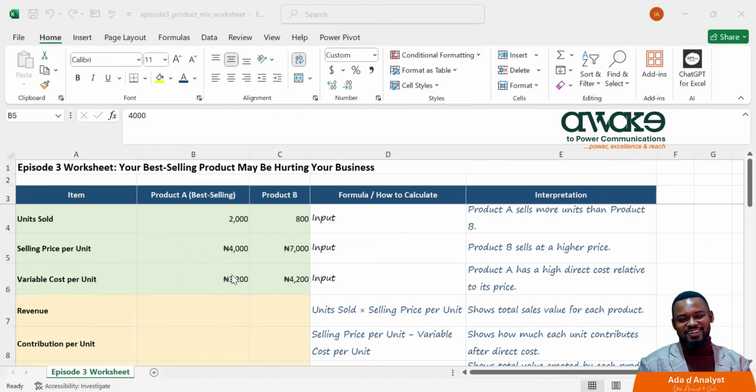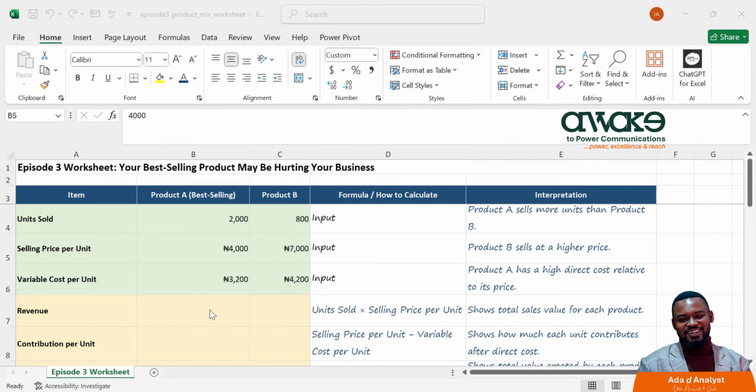That will give a smaller margin compared to product B. You can see that. Product B may sell fewer units, but its contribution per unit is much stronger. So it may contribute more profit, even because of the margins. That is what we want to determine now, and see if our best selling product is actually hurting our business, or our client's business.